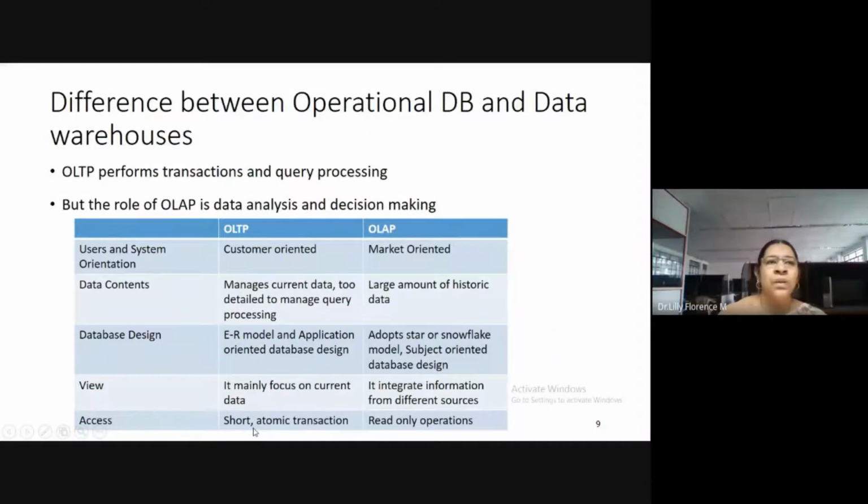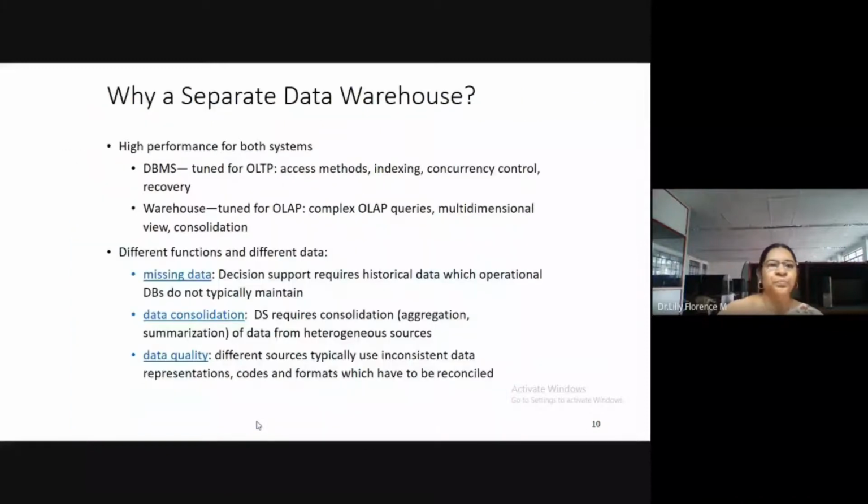The operational system gives privileges to every user, but here there are no such privileges. It is read only. There are no updates in a data warehouse. But an operational DBMS allows update, delete, modify, all the operations we can perform on OLTP.